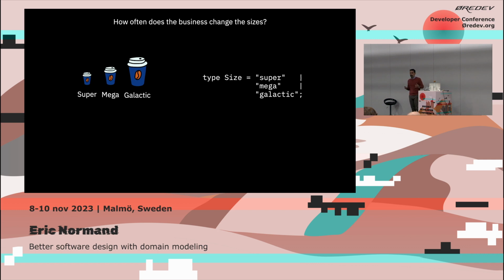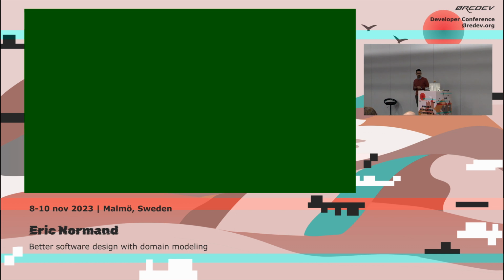They haven't had software yet, but they've been running the coffee shop for 10, 15 years. And in this scenario, they say we've never changed the sizes. We opened with these 3 sizes, and they're still the same after a decade. And we don't have any plans for changing them. And so we say, great, thank you for the information. Same thing for the roasts. We ask them, they say we haven't changed them. Very lucky.